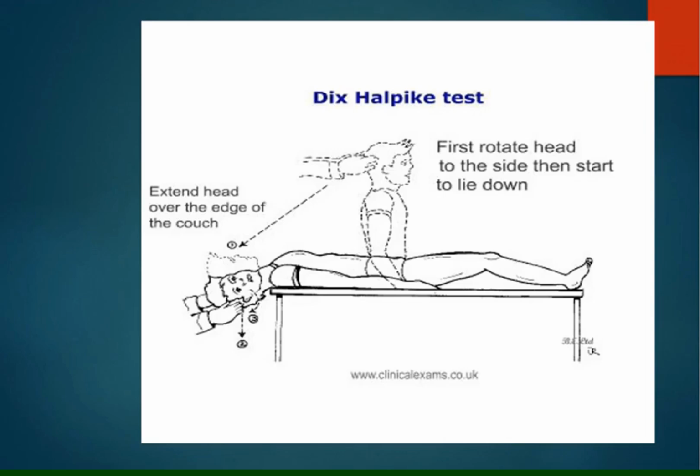Now this maneuver is really hard to do in older adults because a lot of them have cervical neck arthritis, and I always find it very difficult to get them to lower their head below the horizontal of the clinic table. But nonetheless, this is the procedure that you need to do for the Dix-Hallpike maneuver.